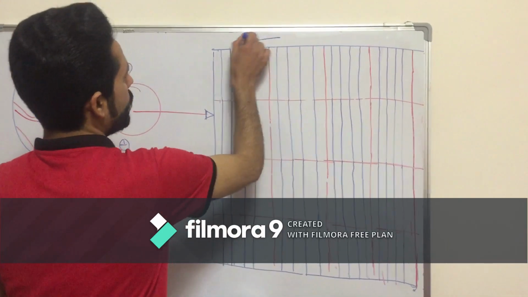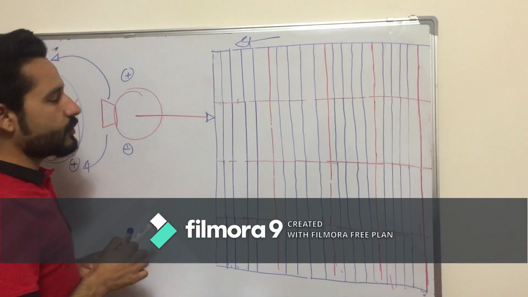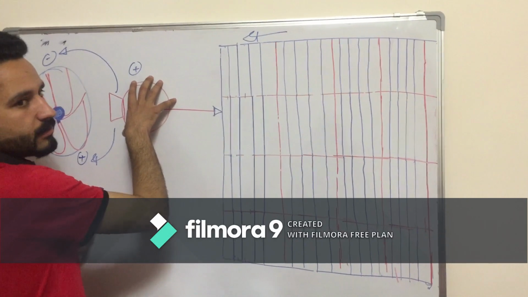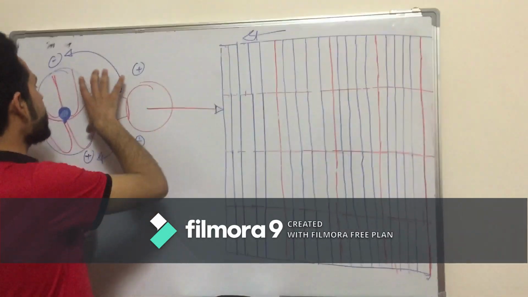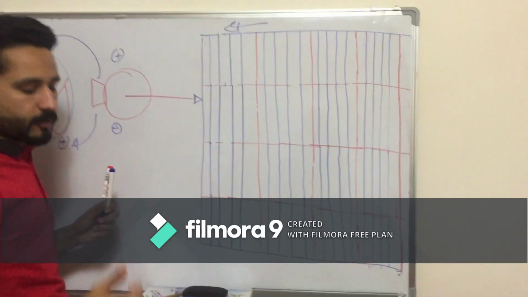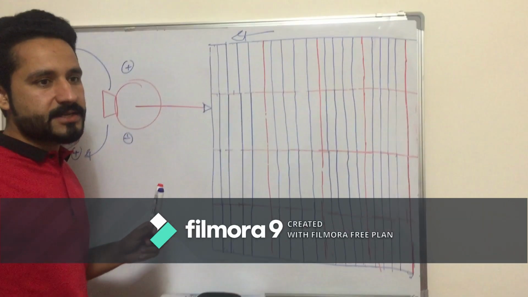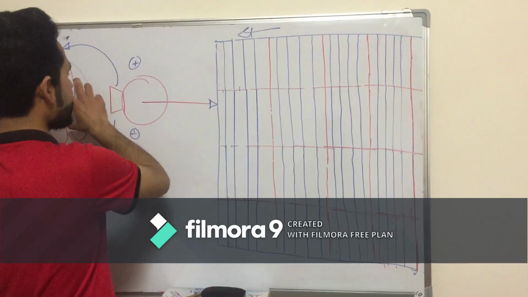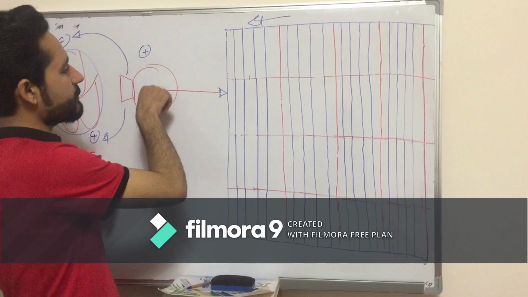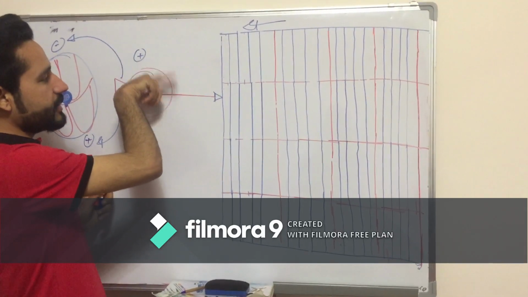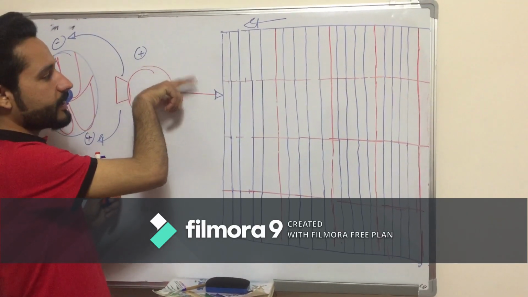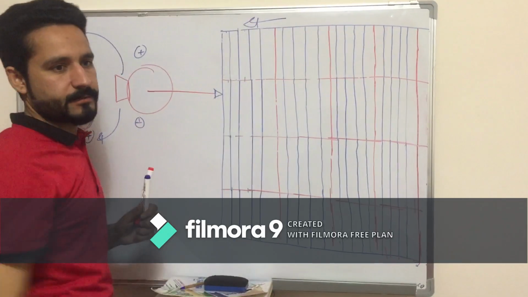The ECG paper moves in this direction. As you know from the previous lecture, this is the galvanometer attached to the human heart, or the left foot and the right hand. It records the electrical impulses, which deflect the needle of the galvanometer and draw the ECG pattern.